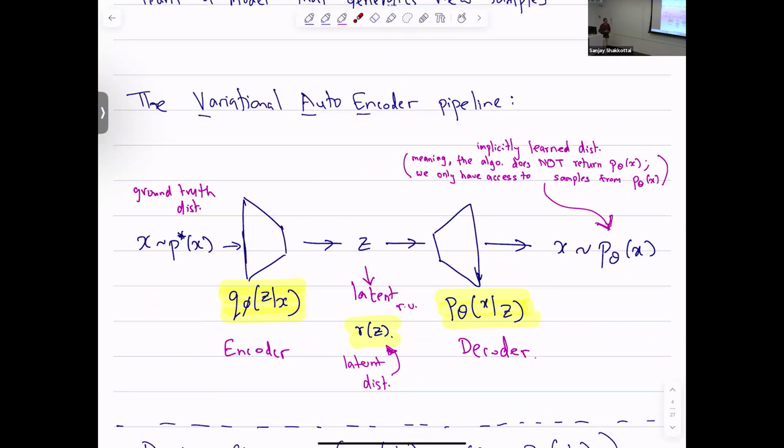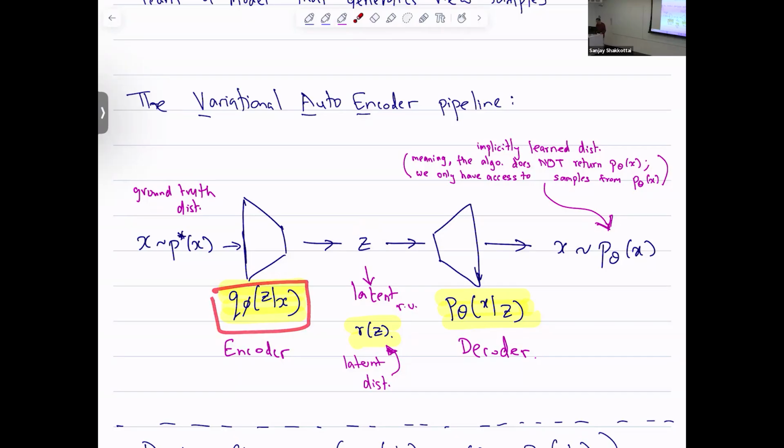So the VAE pipeline we are going to study is the following. What you have access to is samples from some ground truth distribution. You want to take a sample, and the first is the encoder, which moves it to something called a latent space. So Z is the latent, this is the random variable in the latent space.